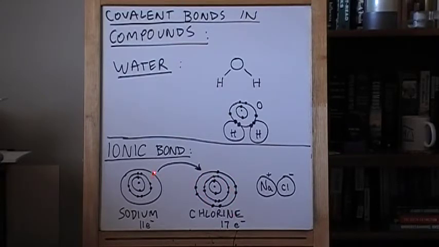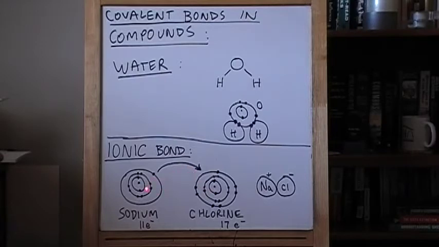And if sodium loses 1 electron, this valence shell will disappear, and the shell interior to that is filled. So sodium will spontaneously donate that outer electron to chlorine, which will readily accept that electron, because then they have these filled valence shells.